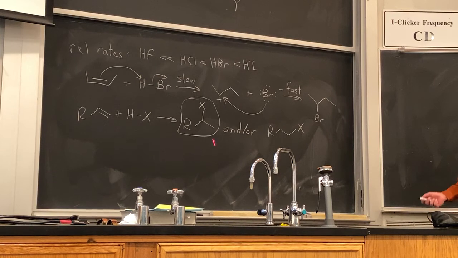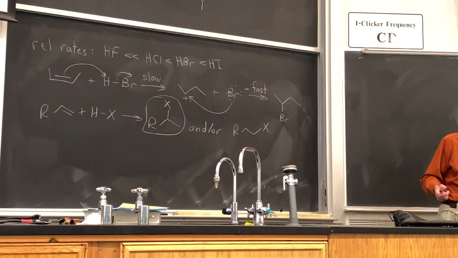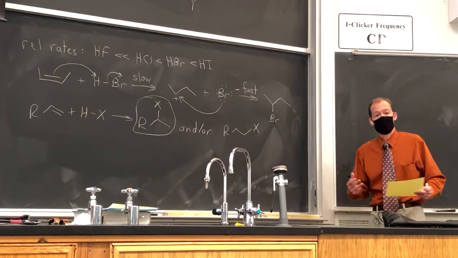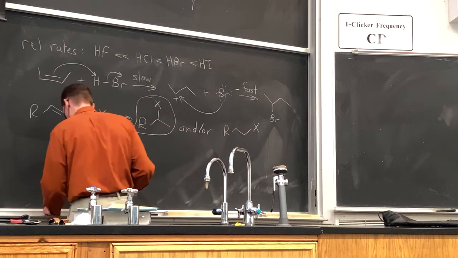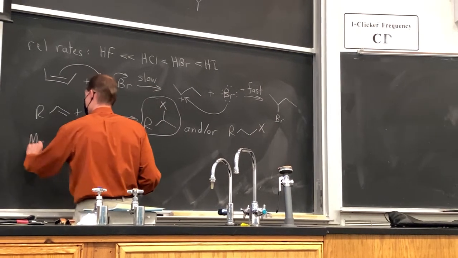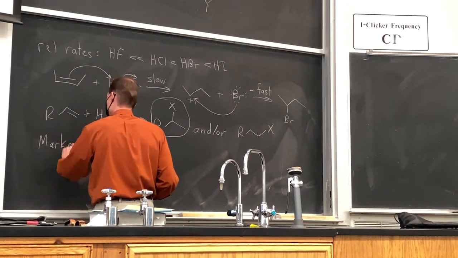Okay, yeah, this would be derived from the more substituted carbocation. The halide attacks the positively charged carbon, so the more substituted alkyl halide is going to come from the more substituted carbocation. Very good.